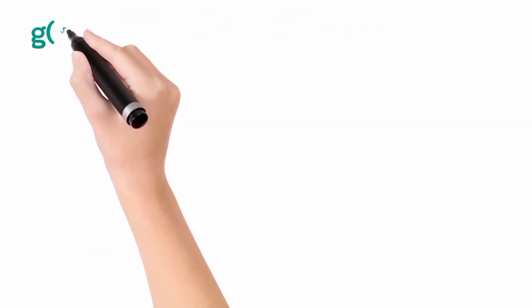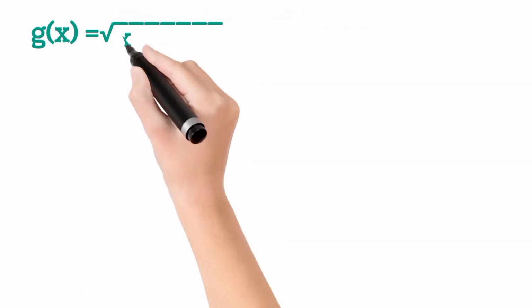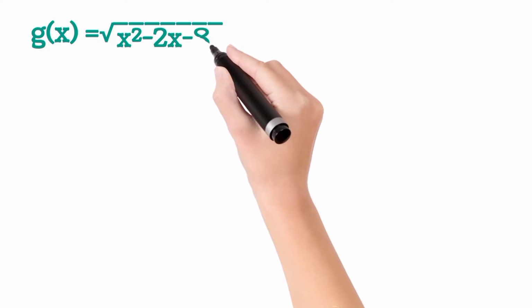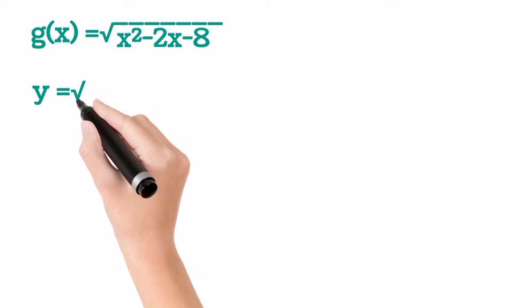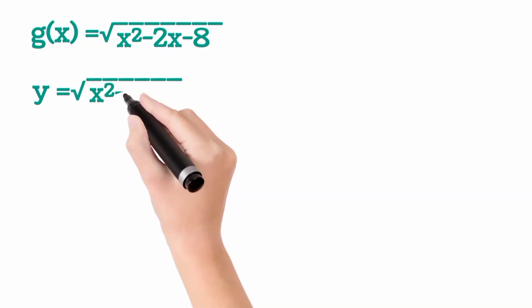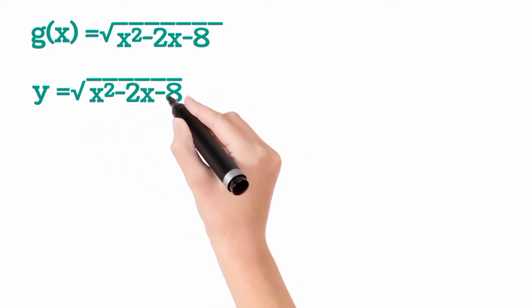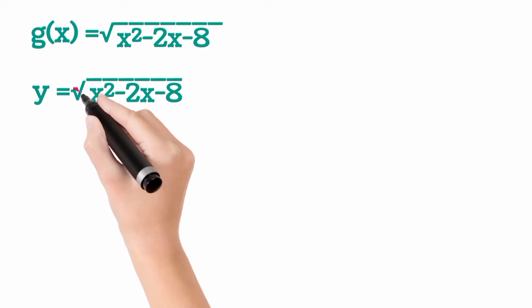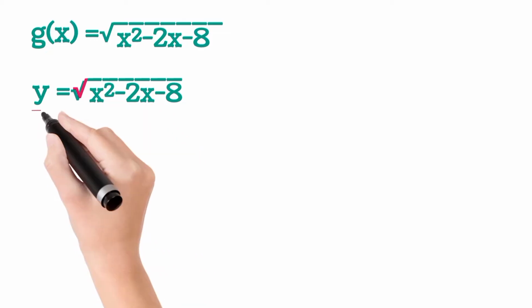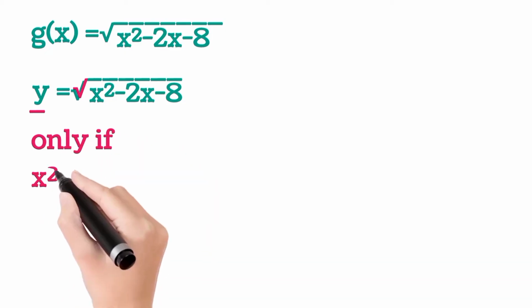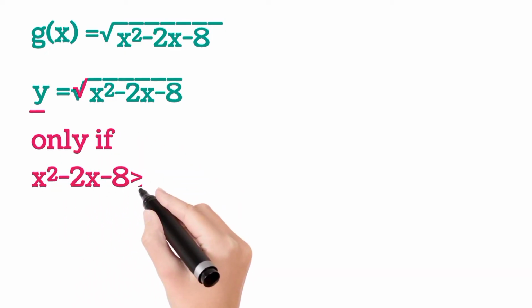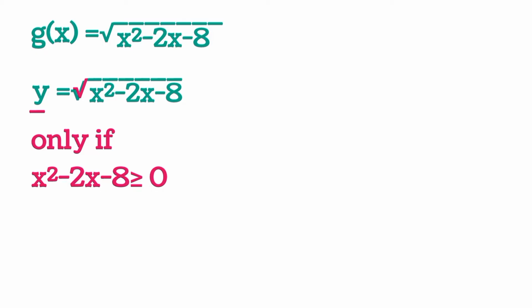So let us take the first question, which is g(x) = square root of x² − 2x − 8. Now we will write it in terms of y, that is y = square root of x² − 2x − 8. Now here we have a square root, so y will be defined only if x² − 2x − 8 is greater than or equal to 0.